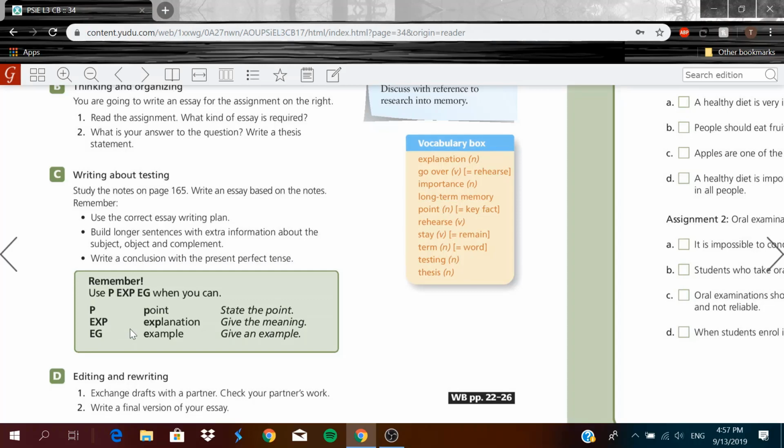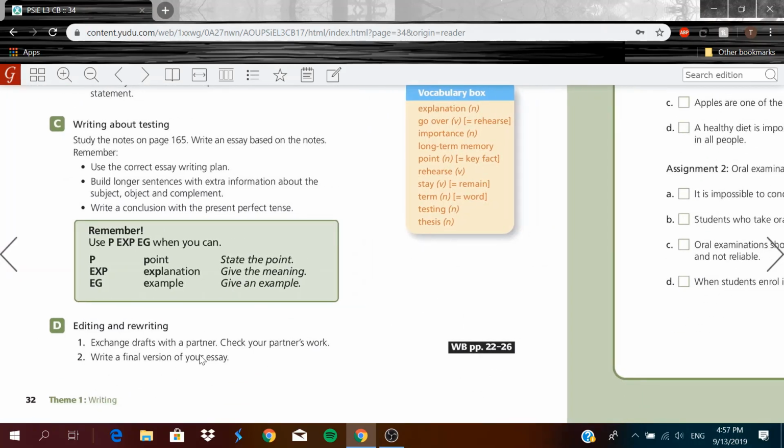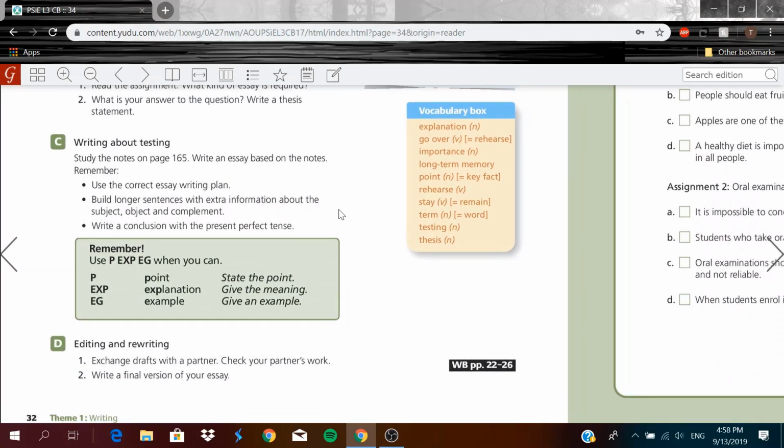And EG is obviously example, give an example of what you're talking about. For exercise D, if you're in a class, you can take a look at your partner's essay and compare your work, and you can make any necessary changes if you want. So yeah, that's about it, guys.